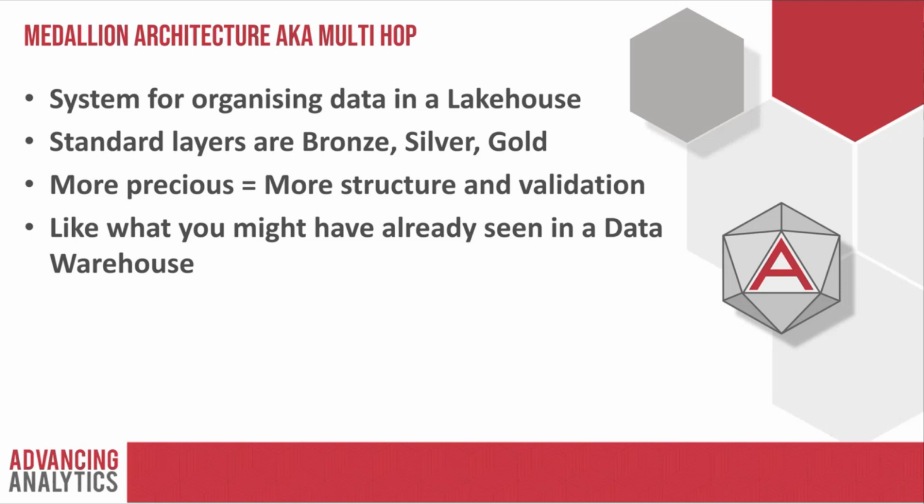If you've used a data warehouse with something like a raw staging and ODS or EDW, it's very similar to that. So this is not by any means a reinvention of the wheel. It's tried and tested in data warehousing, and it's nothing particularly new or mind-blowing.